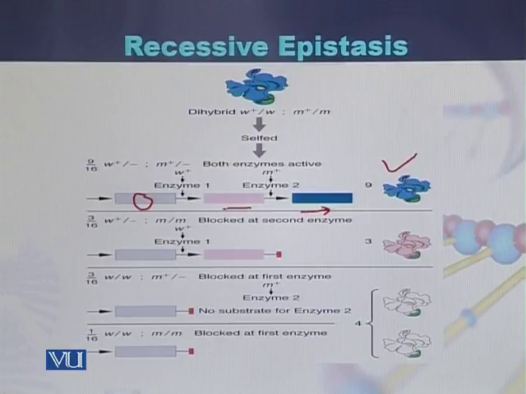While if enzyme 2 is not active or does not have an effect on the precursor, then the color of the flowers will be pink. While if both the enzymes, enzyme 1 and enzyme 2, do not work, then the color of the flower will be white.